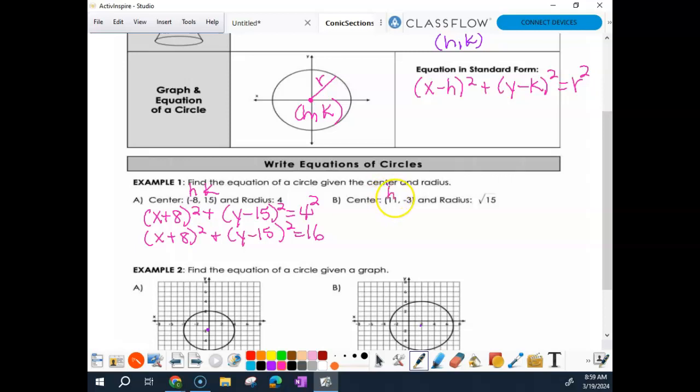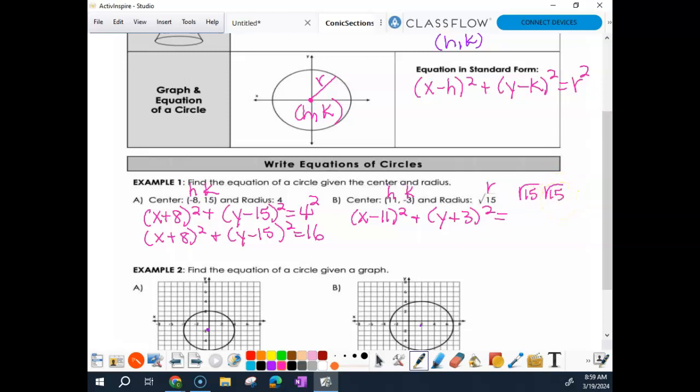On the next one, I have the H and the K and the radius. So when I fill this in, I'm going to get x minus 11 squared plus y. So I have a negative 3. So what goes here? Plus 3 squared equals, and then my r squared, I have the square root of 15 times the square root of 15.